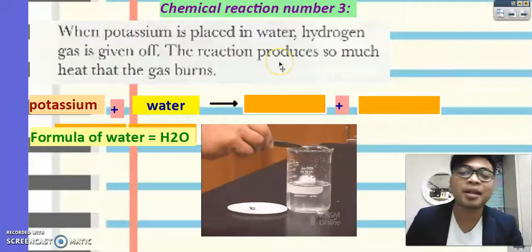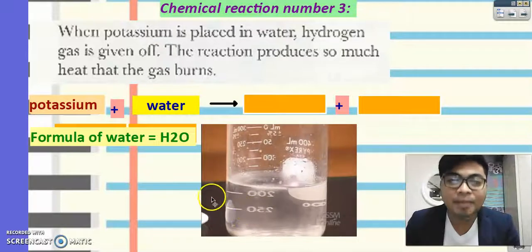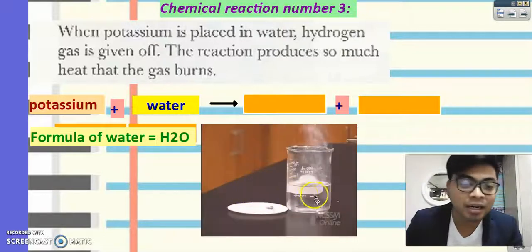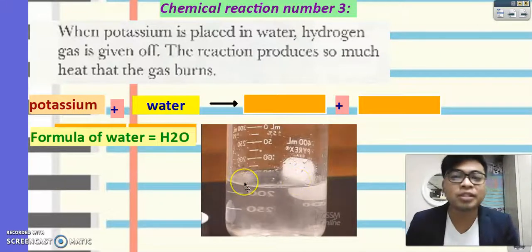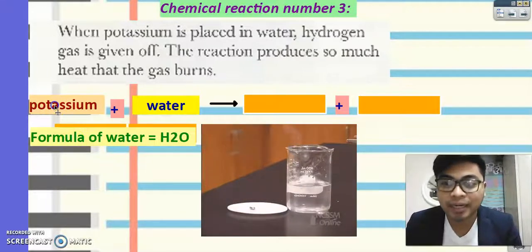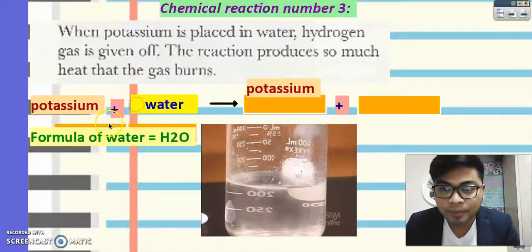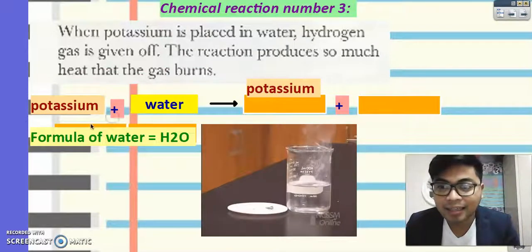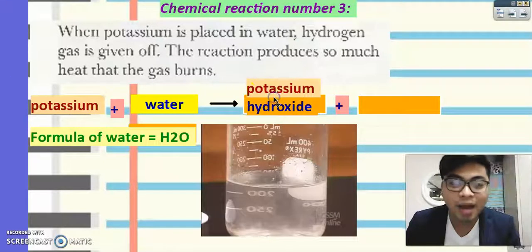Let's take a look at chemical reaction number 3. I have here potassium, and I put the potassium in a beaker of water. If I put it there, the chemical reaction produces so much heat that the gas here tends to burn. So we are forming here potassium hydroxide.